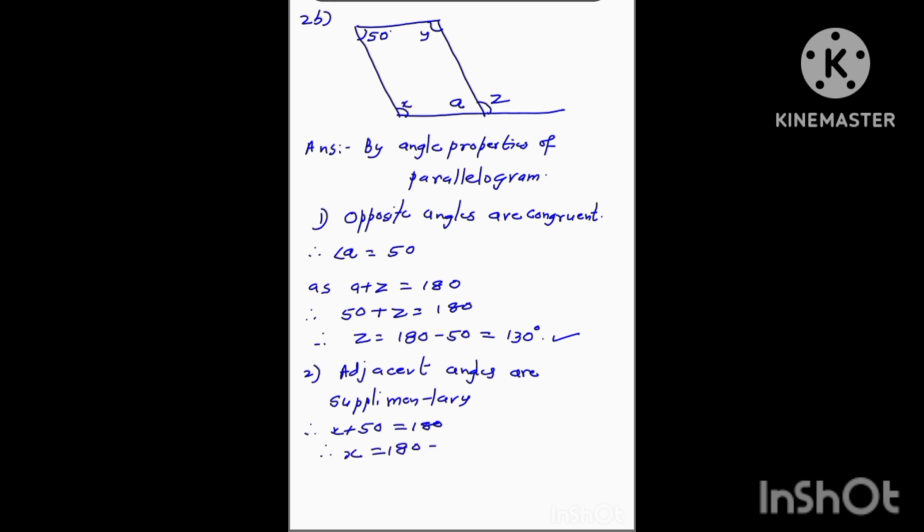So x plus 50 is 180, so x equal to 180 minus 50 is 130 again. And x is equal to y because they are opposite angles. So y is also 130. So we write the answer here: x equal to 130 degrees, y equal to 130 degrees, and z also equal to 130 degrees. Don't forget to write the unit degree.